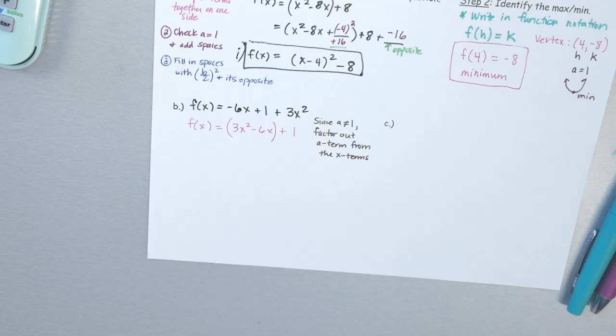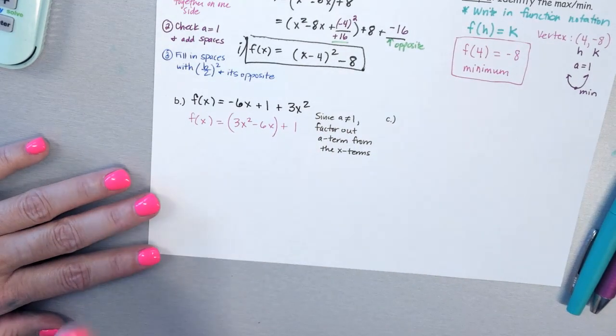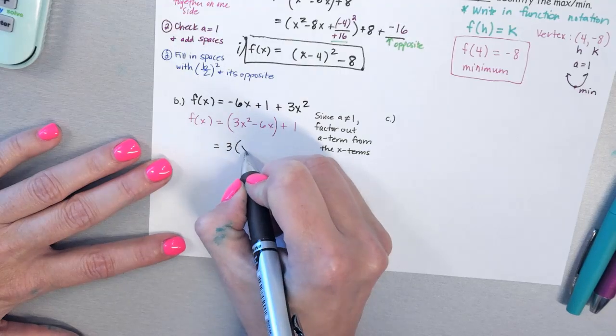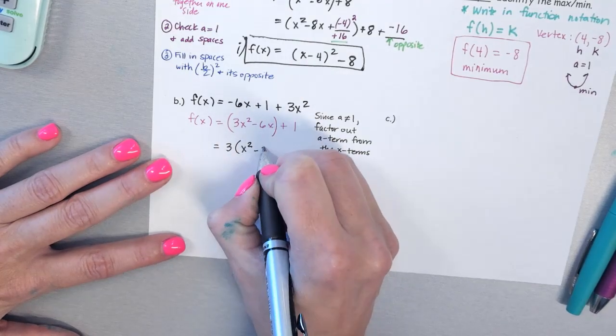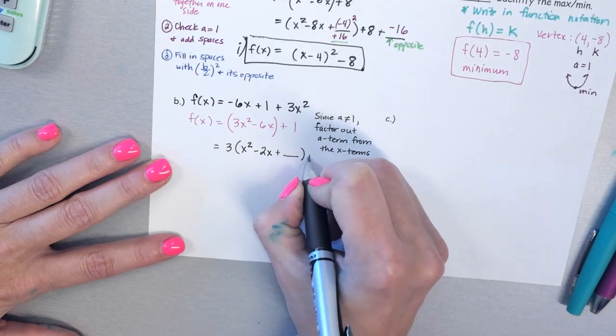Because a is not equal to 1, you want to factor out that value of a from those x terms. So a is not 1, a is 3. So when you factor that out, you get x squared minus 2x. And then if you want to set up the blank from there, you can.